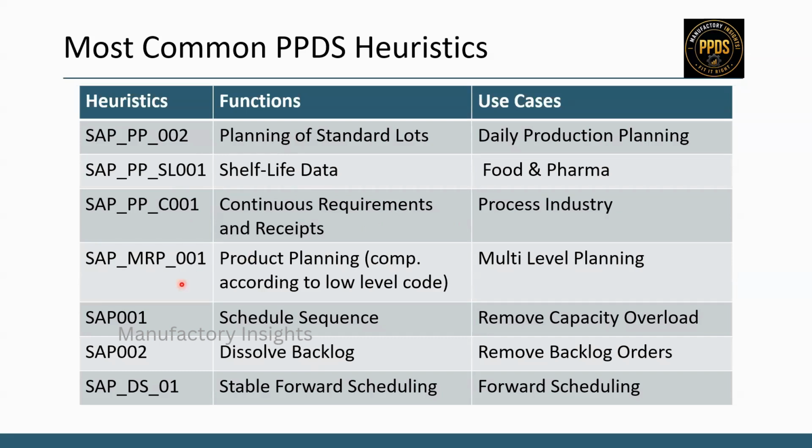Then SAP_MRP_001 performs multi-level product planning according to low-level code logic. Scheduling heuristics such as SAP_001, SAP_002, and DS01 help sequence the orders to remove the backlog and to perform capacity-based scheduling. While you don't need to memorize all heuristic names, understanding their business purposes is very important.